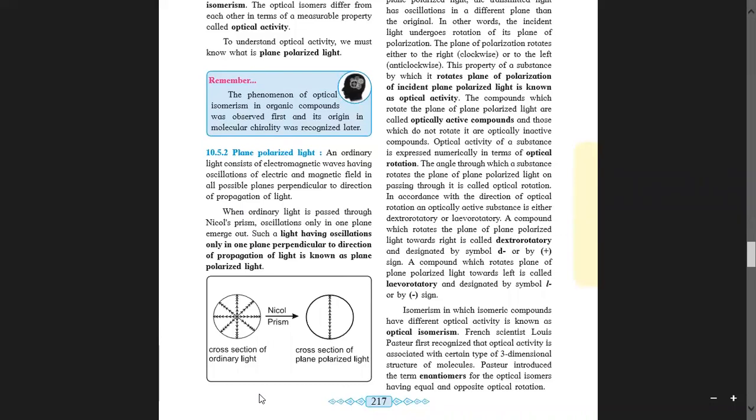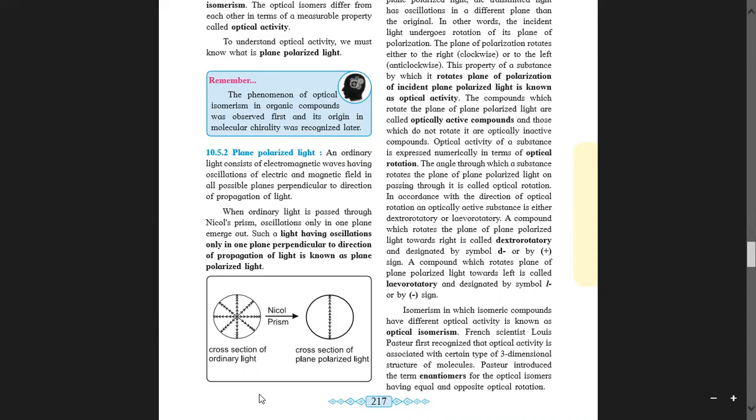When this ordinary light is passed through a Nicol prism, the light rays oscillate only in one plane while emerging out. Such light having oscillations only in one plane, perpendicular to the direction of propagation of light, is known as plane polarized light. See this figure.